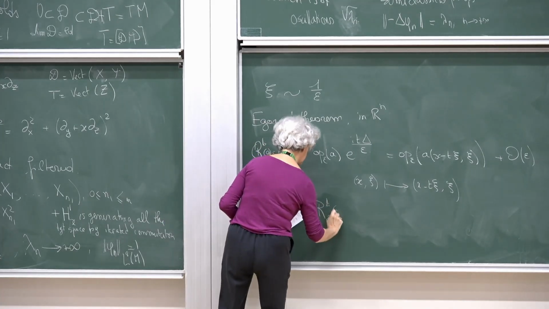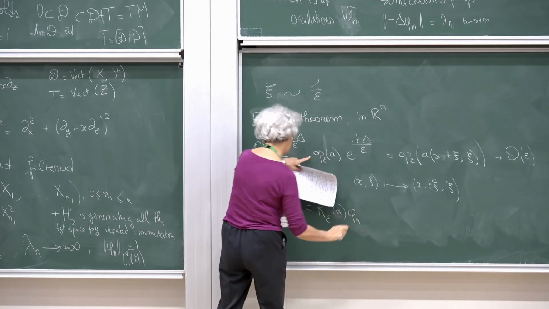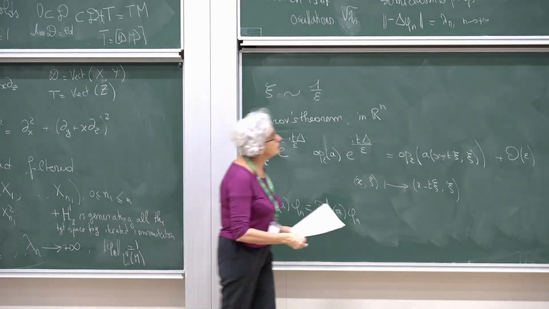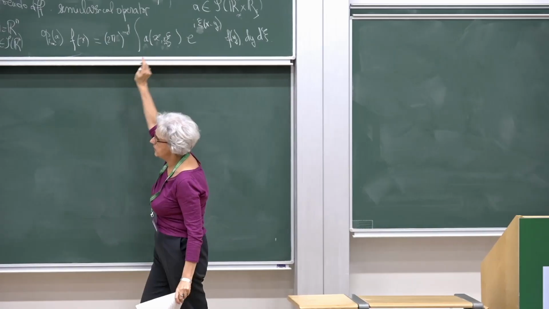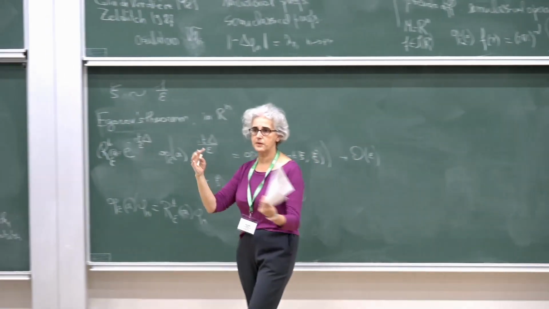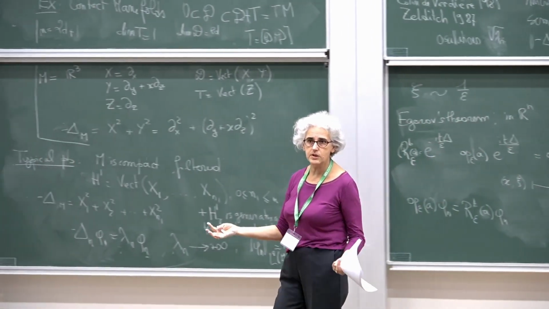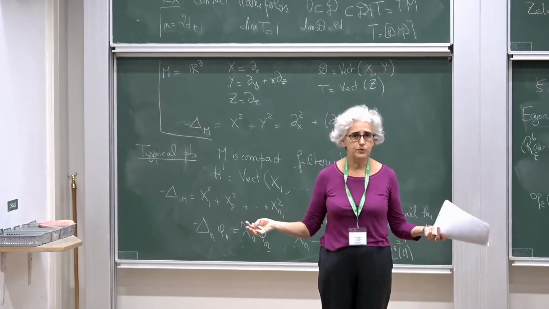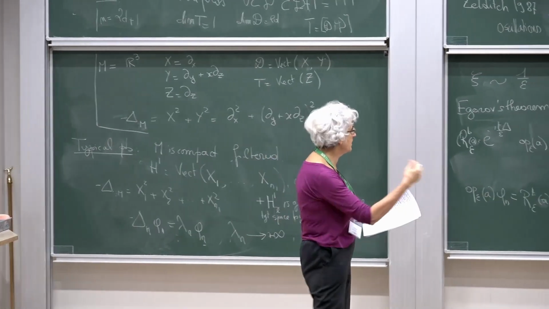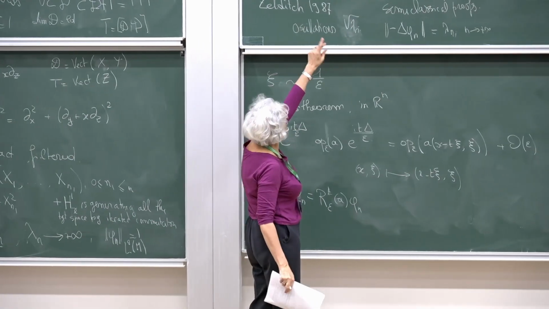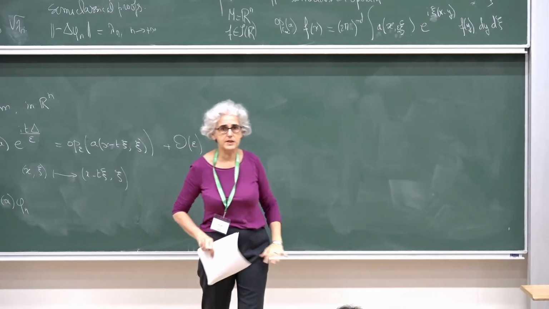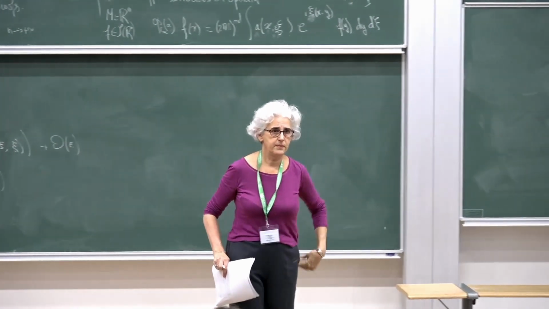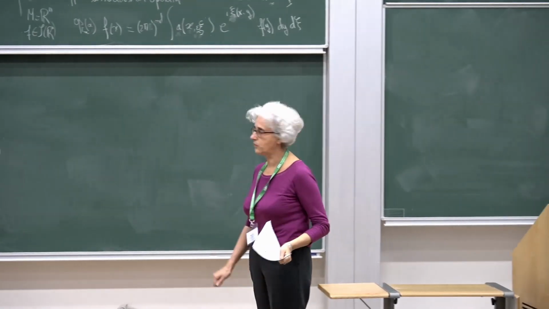I do nothing when I let this operator act on phi_n. In fact, I can make this flow appear. In the case of a compact manifold, the flow is the geodesic flow, and the fact that the flow is ergodic will generate properties of the limits of this quantity. So this is the basic idea of the proof of the theorem.